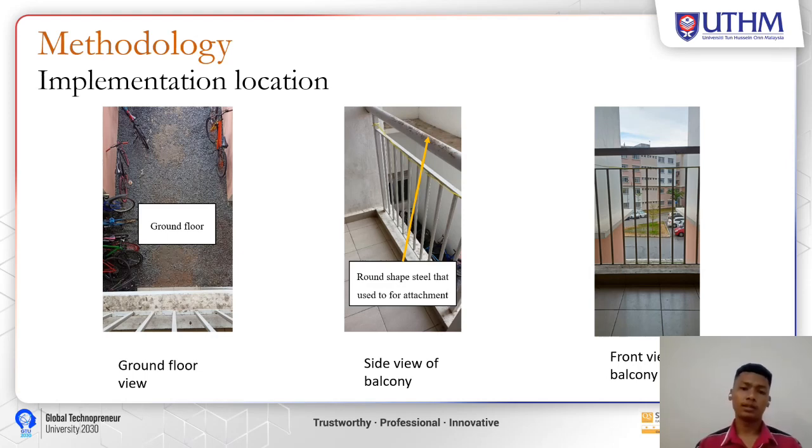In these three pictures, the ground floor is where the platform of the prototype will be based. The side view of the balcony has a circle-shaped steel, which is attached to the prototype, and this is the front view of the balcony, where the prototype will be attached.